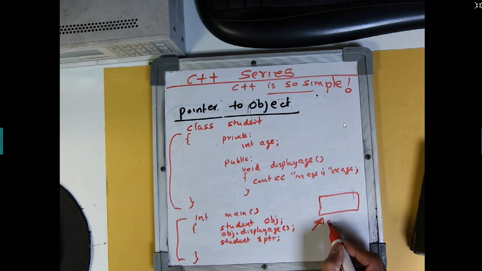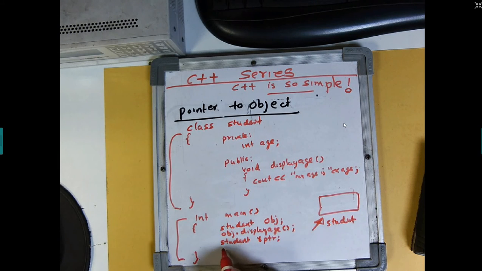The type of this is actually student, and where is it going to point? Ptr is equal to ampersand, address of obj. Okay. Now once after doing this, if I want to call the same function display age, I will call it like this: ptr arrow mark, then display age. This is how I call this.